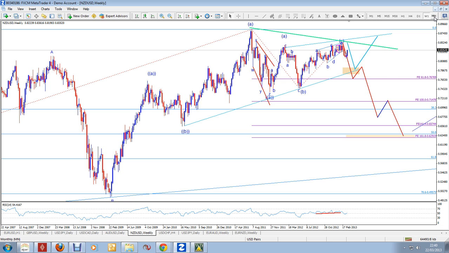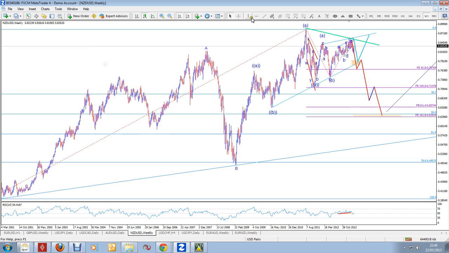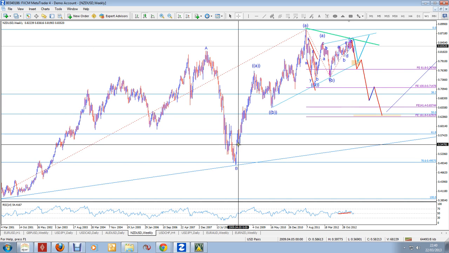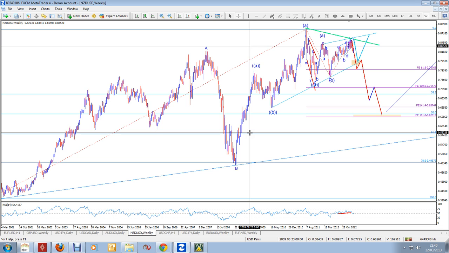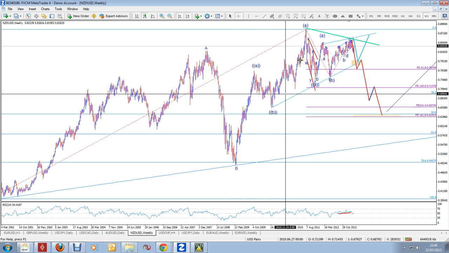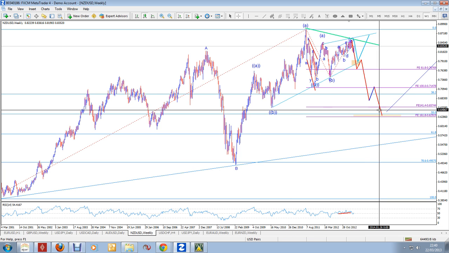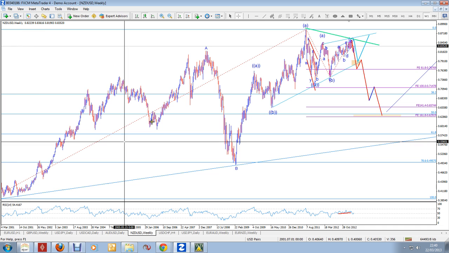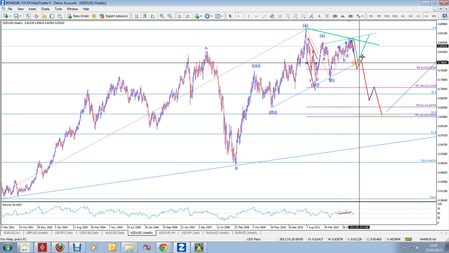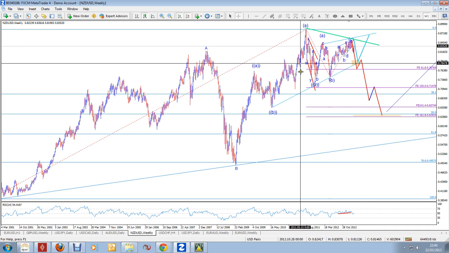Longer term, as I have explained before, we've gone up in ABC here, so we expect some retracement of the entire move up from the low of 2000, or we might simply congest in this triangle.